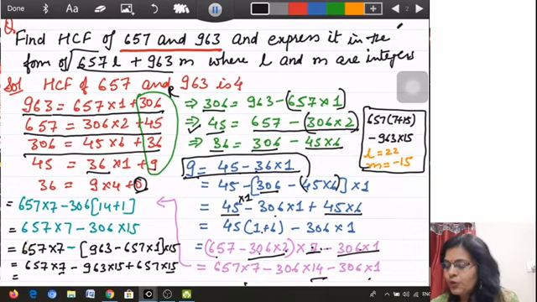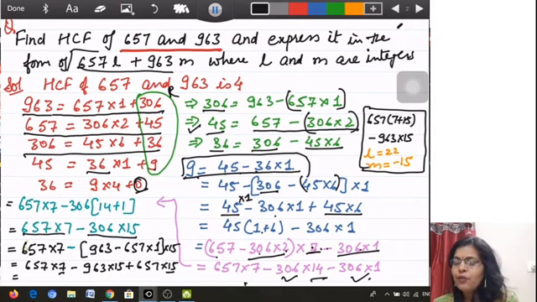Now what do we see? That this 306 is written here and here. So we take minus 306 common, and 14 plus 1 becomes 15, so it is 306 into 15. We have got the first term, 657, but we could not get 963 till now.